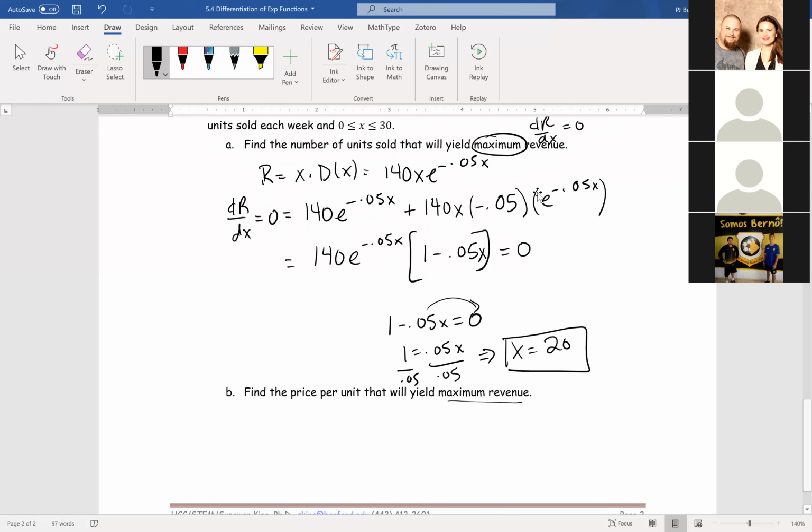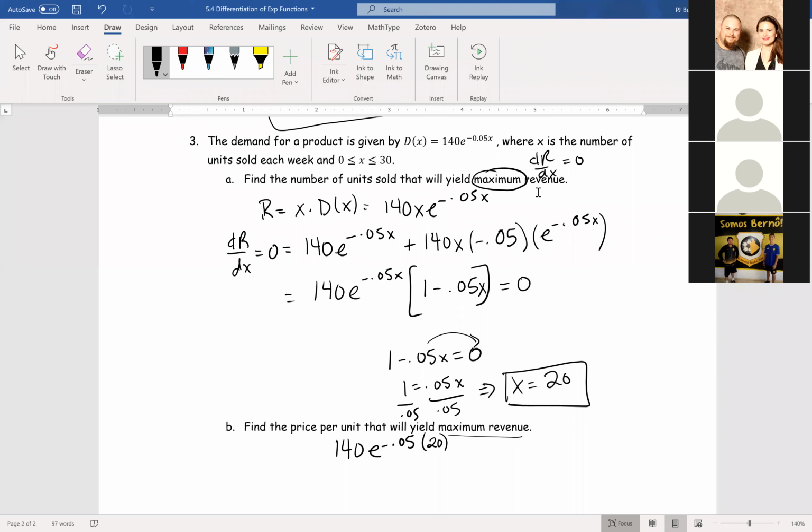We would do 140 e to the minus 0.05 times 20, and I'll spare you the calculation. This is 51.5 approximately.